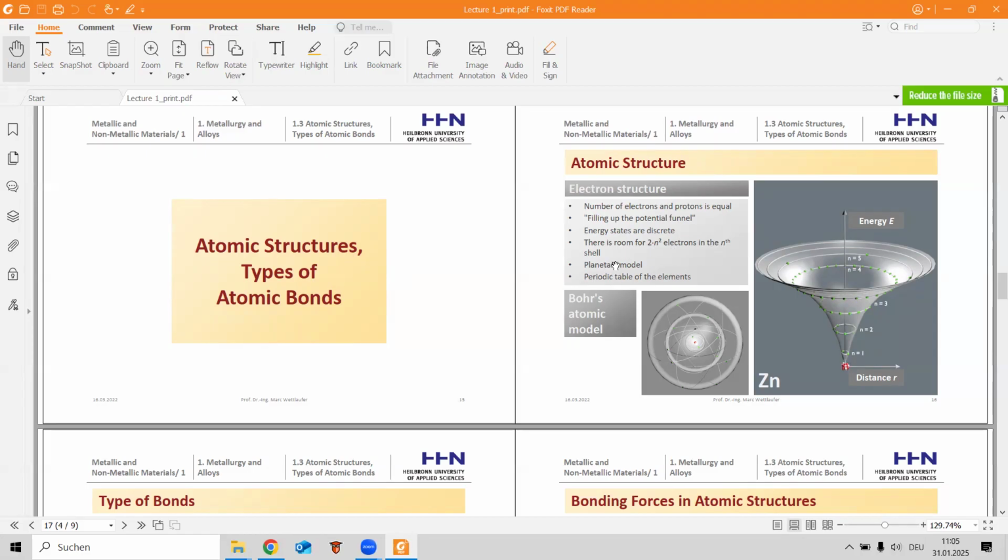It's the planetary or Bohr model, and the periodic table of elements is used. Here we have an example of an atomic model with distance r, energy levels, so it's 5 energy levels, and electrons modeled.